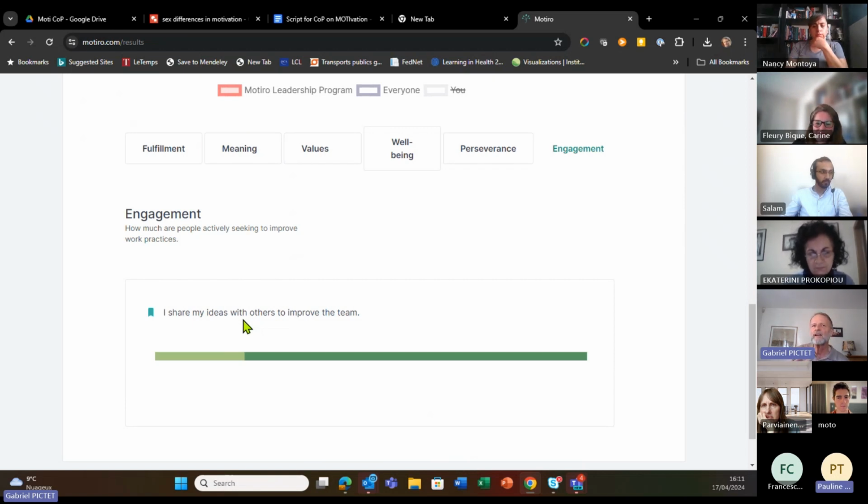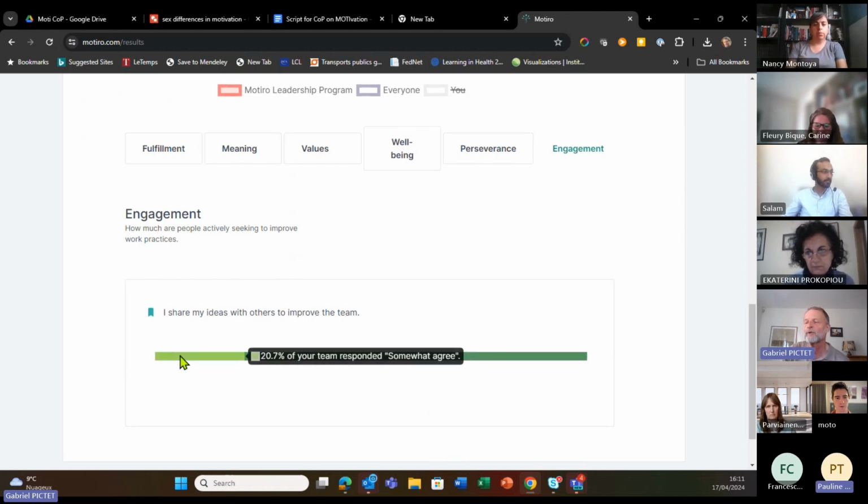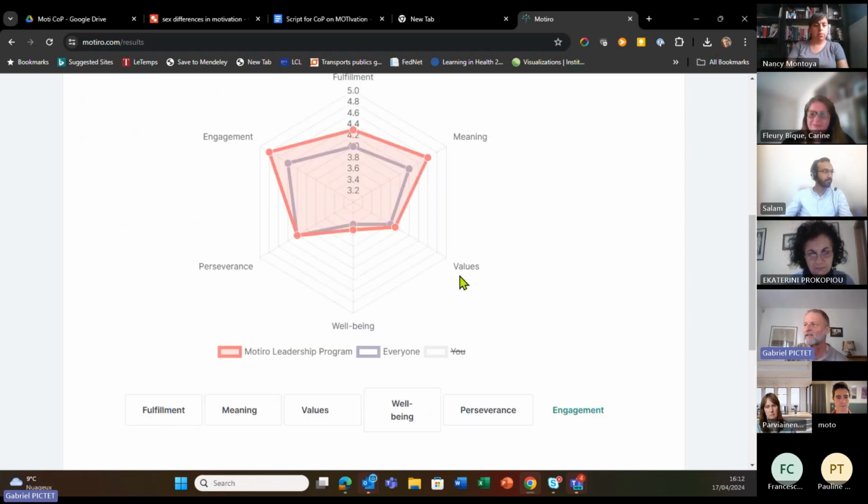So this is an indication that I'm engaged, is I actually share my ideas with the others in the team to improve things. And as you can see, among the women we have a very strong, almost 80%, that's 4 out of 5, strongly agree with the statement, and then the rest somewhat agrees. So nobody really disagrees with this statement among the women in the team.